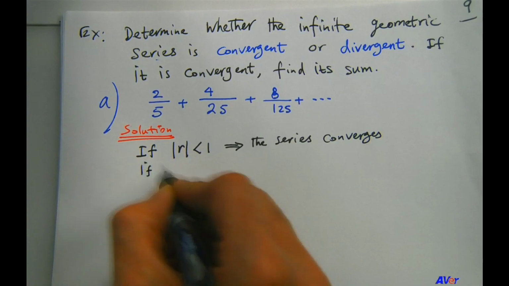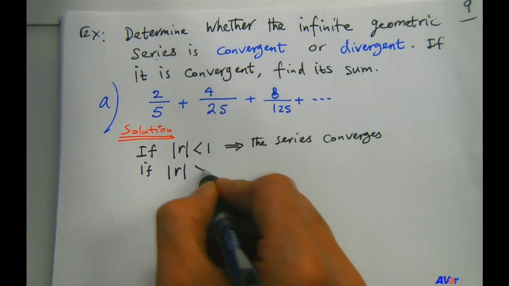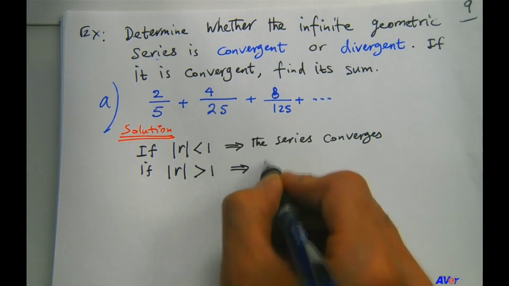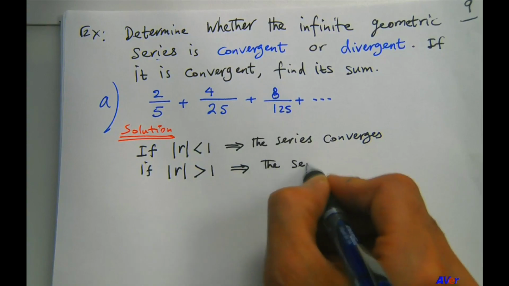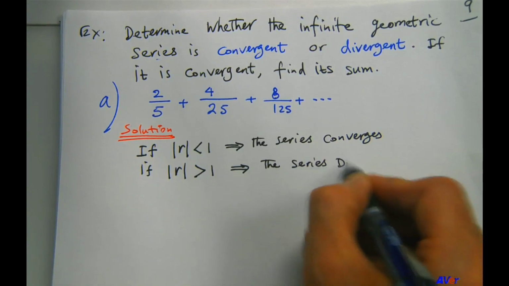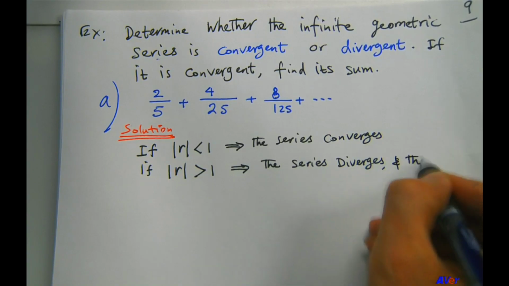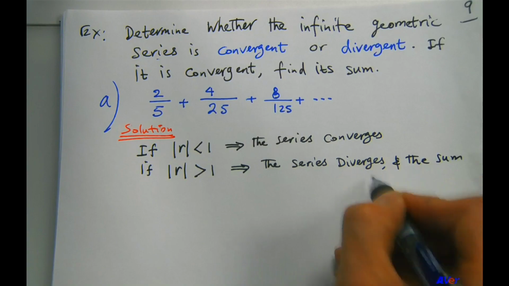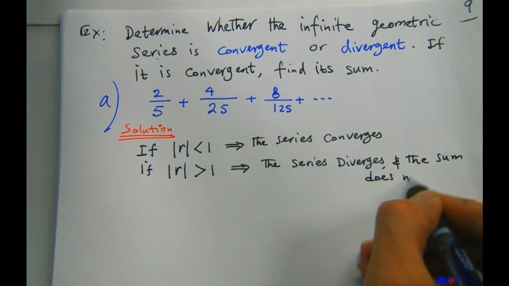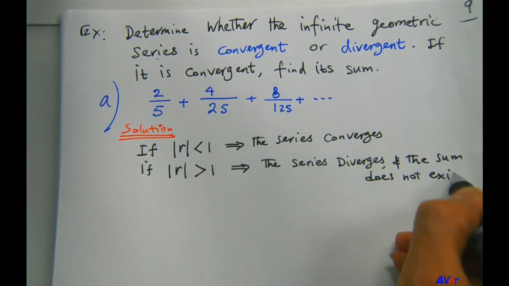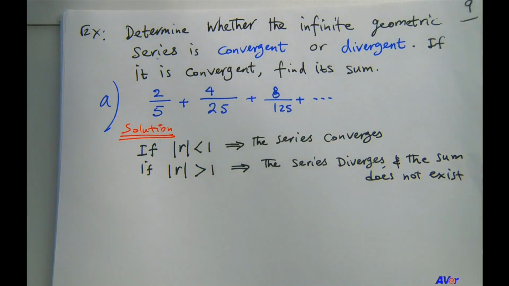If the absolute value of r is greater than 1, then the series diverges and the sum does not exist. Okay? All right, so let's do that.